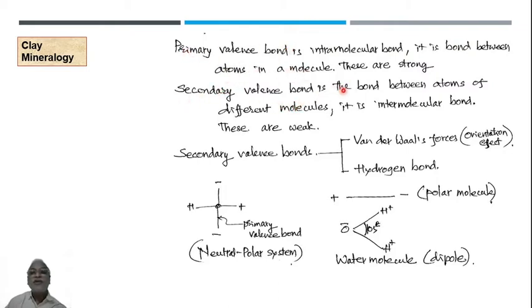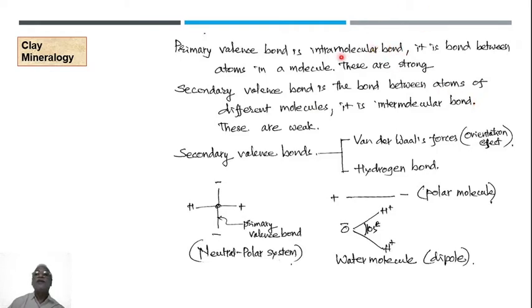Secondary valence bond is the bond between the atoms of different molecules. Okay, so here what I mean is that the interlayer, whatever we have seen earlier, that bond we are talking about, right? Secondary valence bond is the bond between the atoms of different molecules. It is an intermolecular bond.